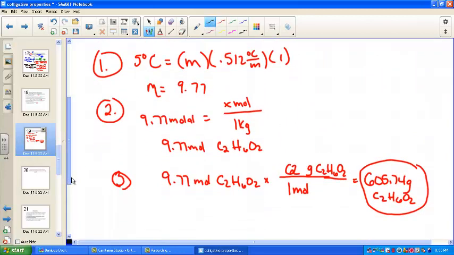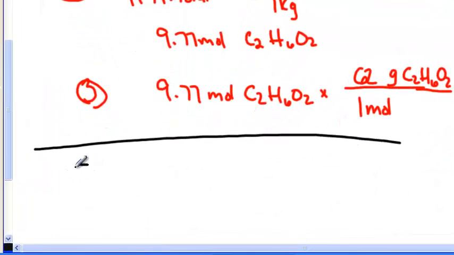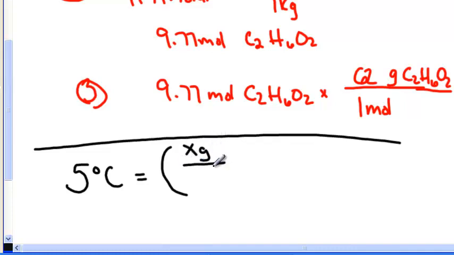If you'd like to see the same setup, think of it this way. The change in the boiling point, 5 degrees Celsius, is equal to the molality of the solution. Molality is equal to grams over formula weight. There's our mole unit, isn't it? Moles per kilogram of solvent.